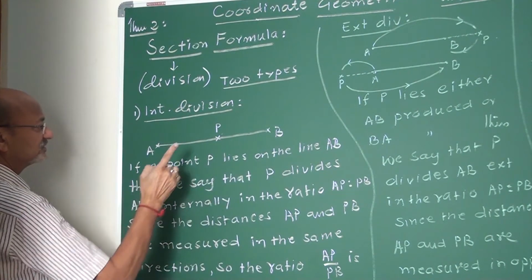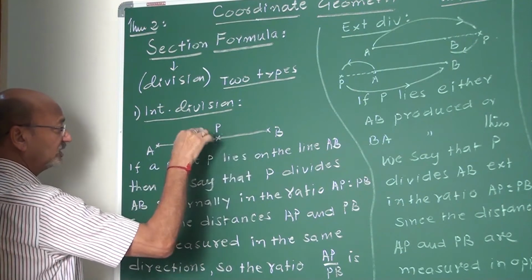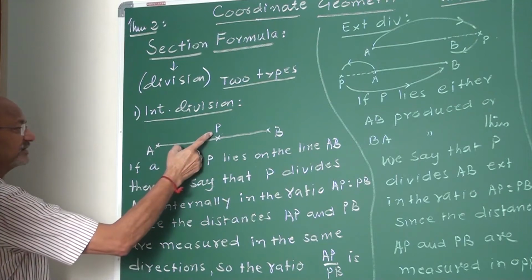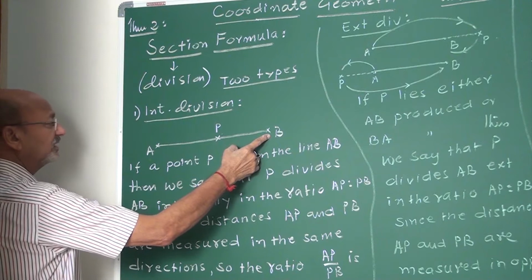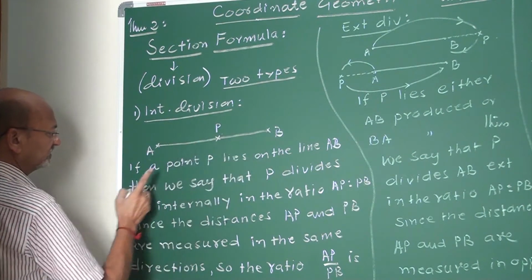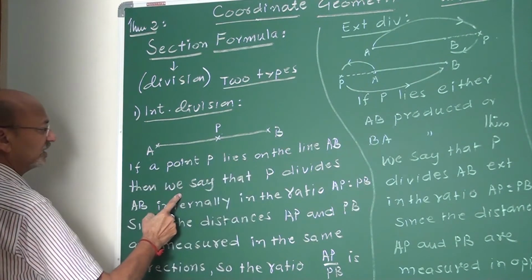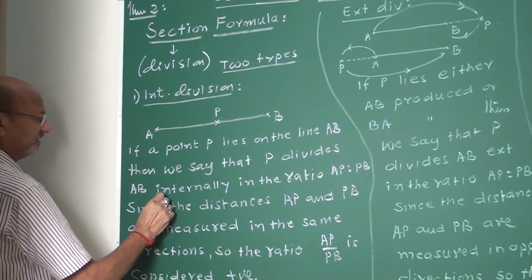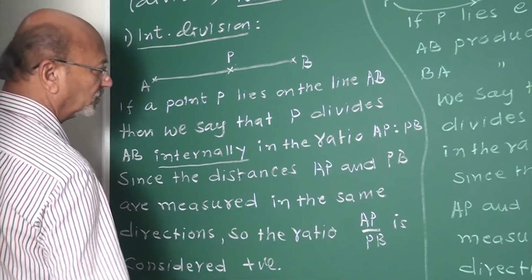Once again, my friends, if a point P lies on the line AB, then we say that the point P divides the line AB internally in the ratio AP is to PB. The same thing I have written here.